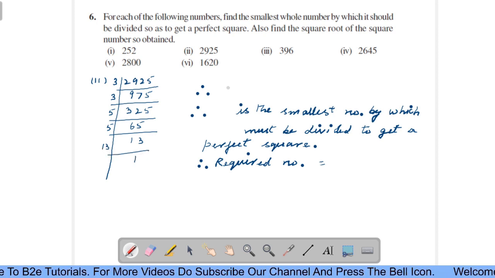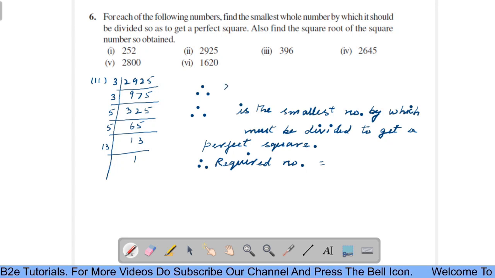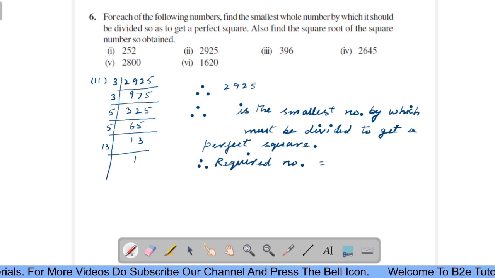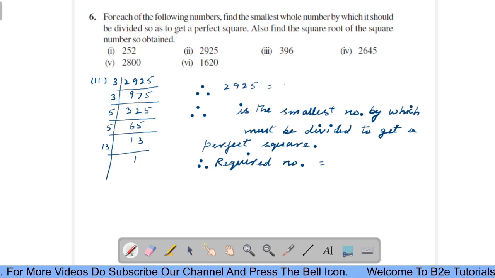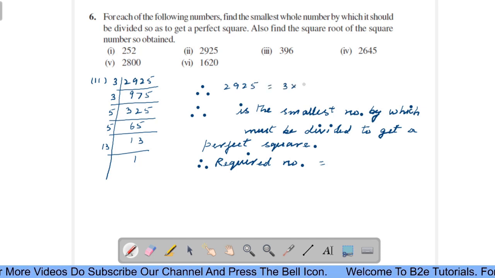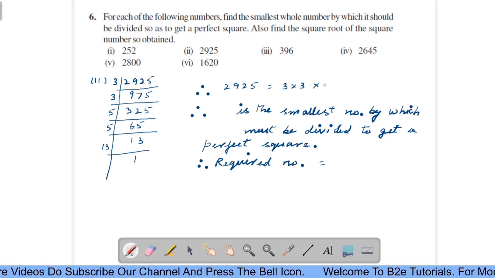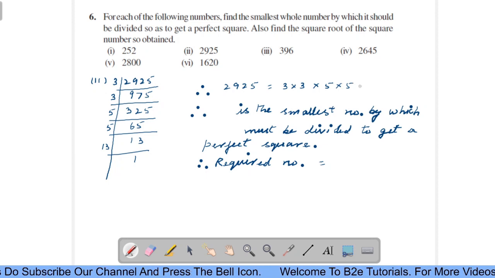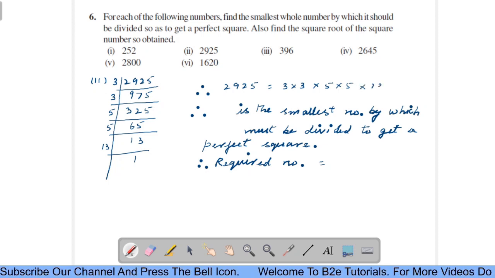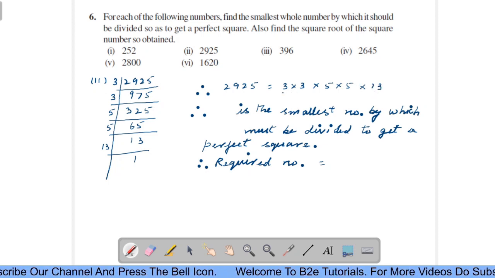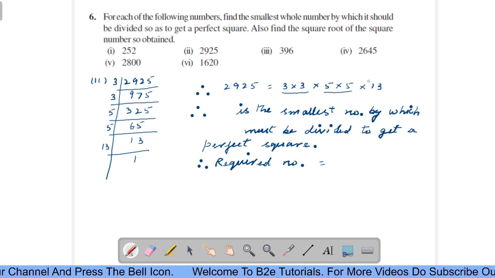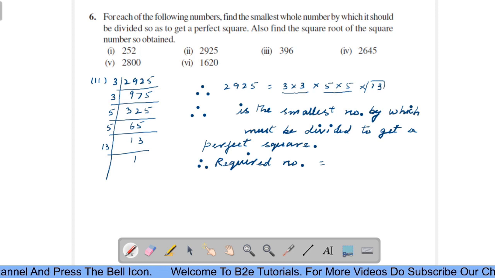Therefore 2925 can be written as 3 into 3 into 5 into 5 into 13. Here make pairs of 2. Here we are unable to make pair of 13.